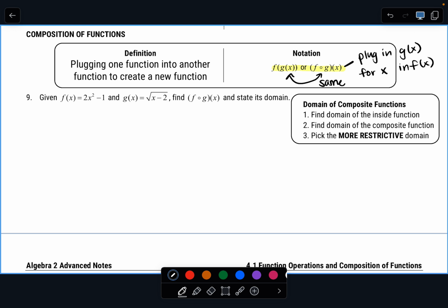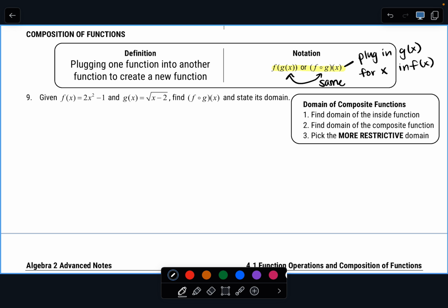Instead of plugging in a number, you're plugging in an equation. Now, a lot of it is going to simplify very nicely, and it's just going to cancel each other out. But some of it you will still have to distribute and combine like terms. But generally, for the most part, we tell you what function to plug into the other, and we usually pick it in a way where it's going to work out nice.